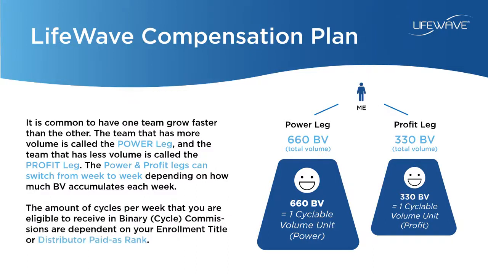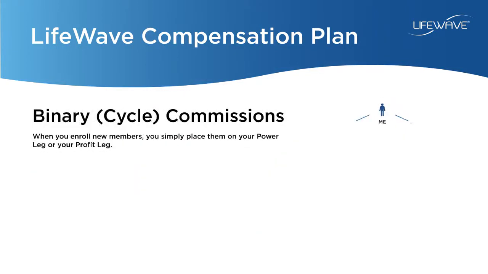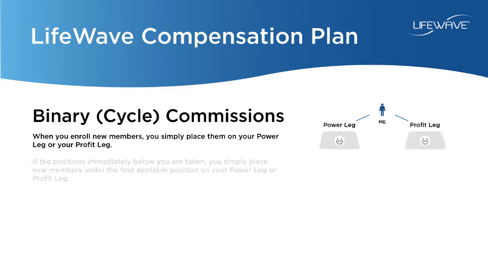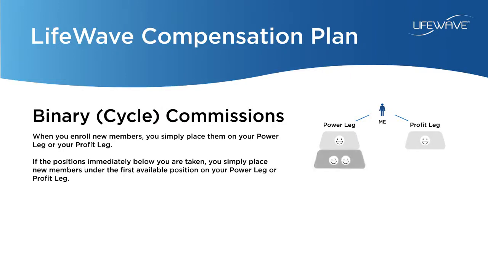And the amount of cycles per week that you are eligible to receive binary commissions for is dependent on either your enrollment title or your distributor paid as rank. When you enroll new members, you put them on either your power leg or your profit leg. It's simple as that. And the cool thing about a binary plan is no matter where someone is within your team, you will still get paid on that volume.